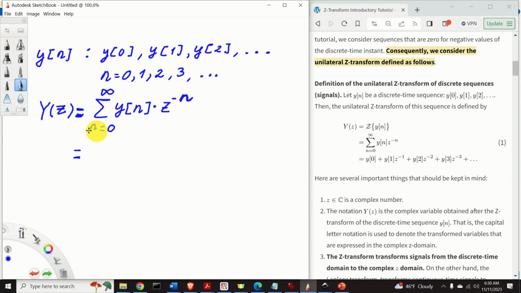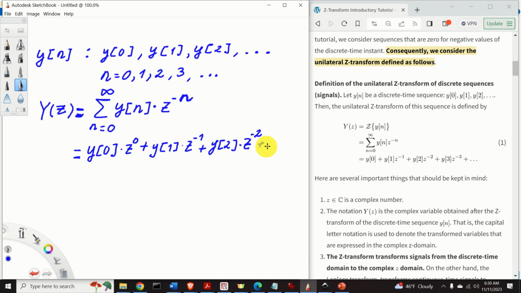Let us now expand this sum. For n equal to 0, we obtain y of 0 multiplying z to the power 0. Then for n equal to 1, we have y of 1 multiplying z to the power minus 1. For n equal to 2, we have y of 2 multiplying z to the power minus 2.